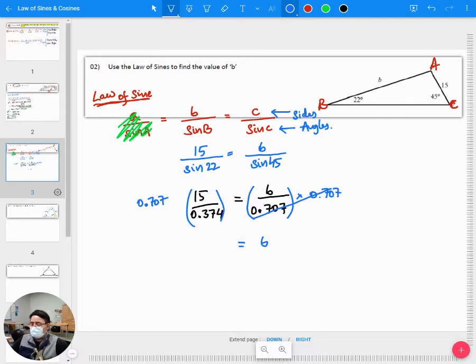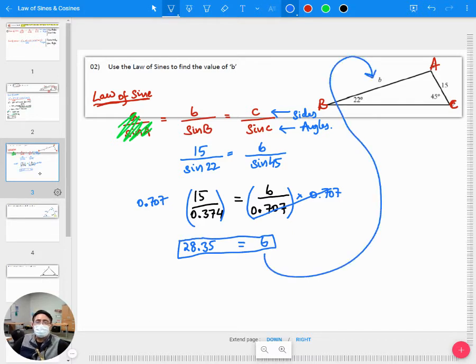The answer is 28.35. Once you get the answer, you may plug in here and check. You may compare with the other sides, 15, and this one seems to be a little longer. Yes, our answer makes sense.